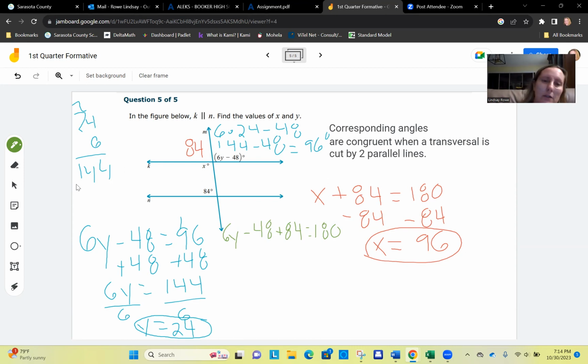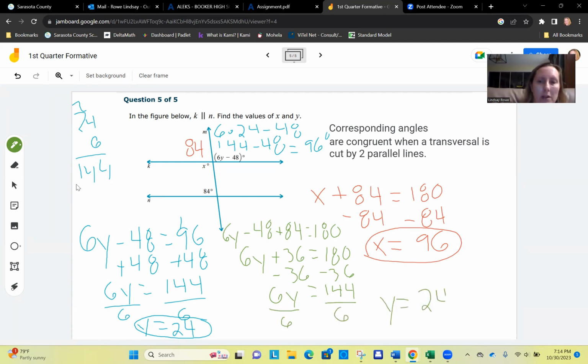So that's 6y plus 36 equals 180. And then I'm going to subtract 36 from both sides. Oh, 6y equals 144. Takes me about the same amount of time. Divide by 6 and divide by 6, and y still equals 24. So either way, you get that y is equal to 24 and x is equal to 96.